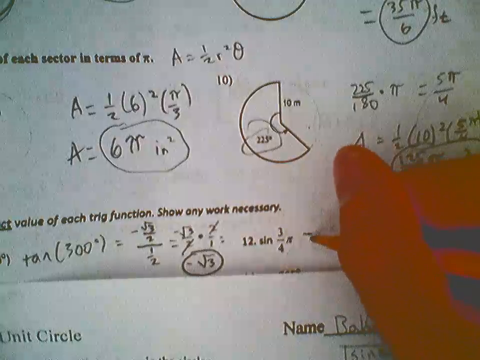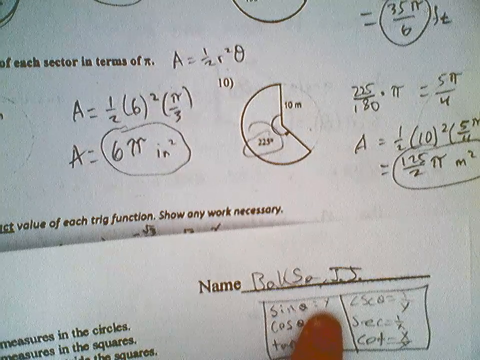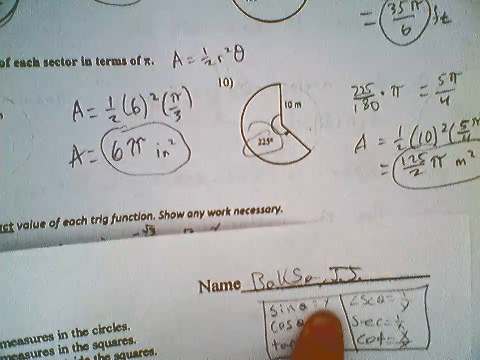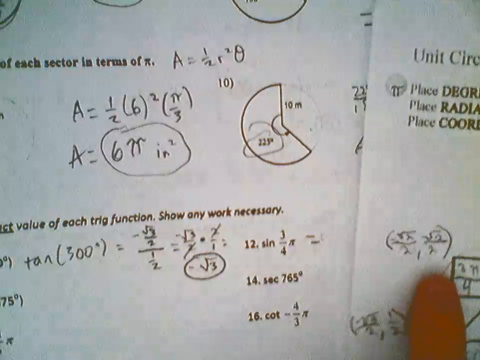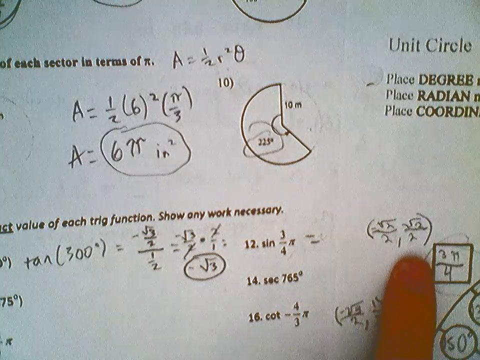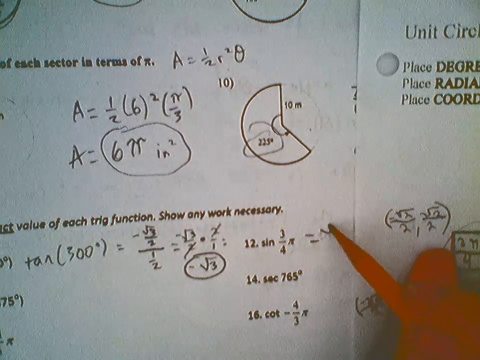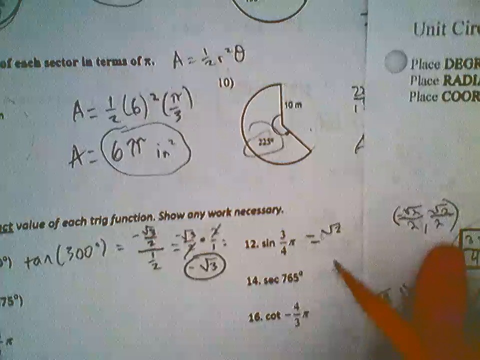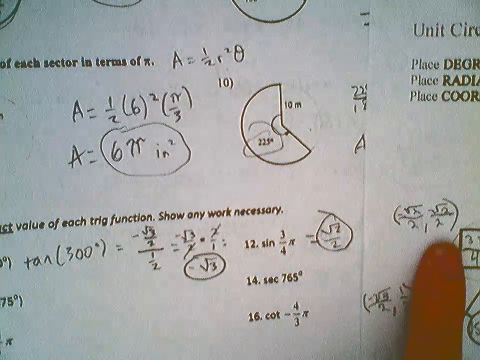So sine of 3 pi over 4, according to the definition, is simply the y coordinate of that point on the unit circle. So let's look at the y value there. It's square root of 2 over 2. That's our answer. Nothing extra we really have to do here.